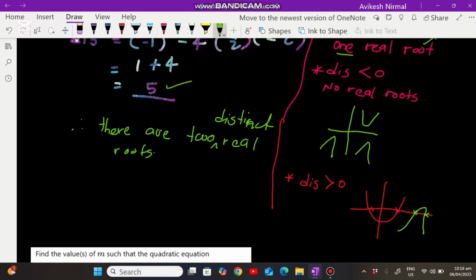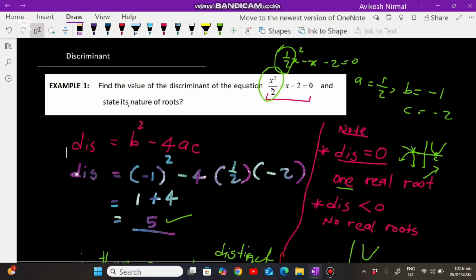There are two distinct real roots because the discriminant is greater than 0. So if your discriminant was negative, you'll say no real roots, and if your discriminant was equal to 0, you'll say one repeated real root. So that is basically it for the first example.